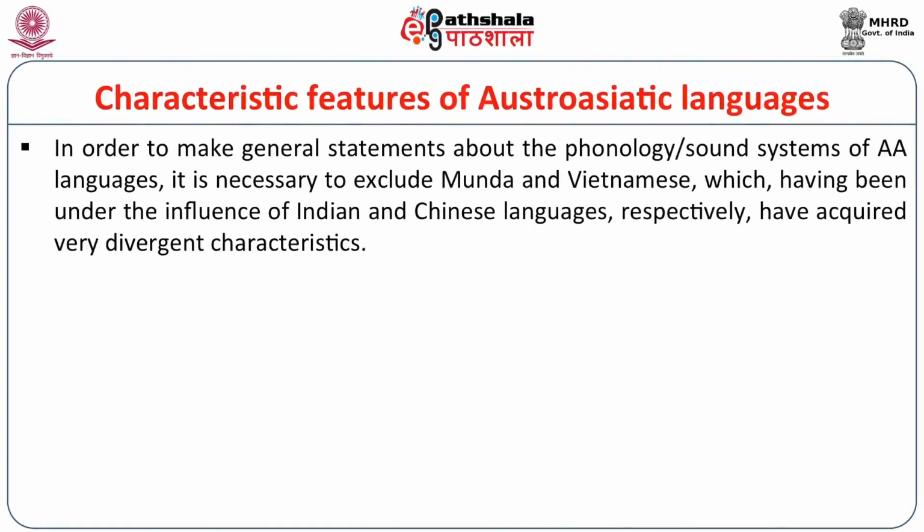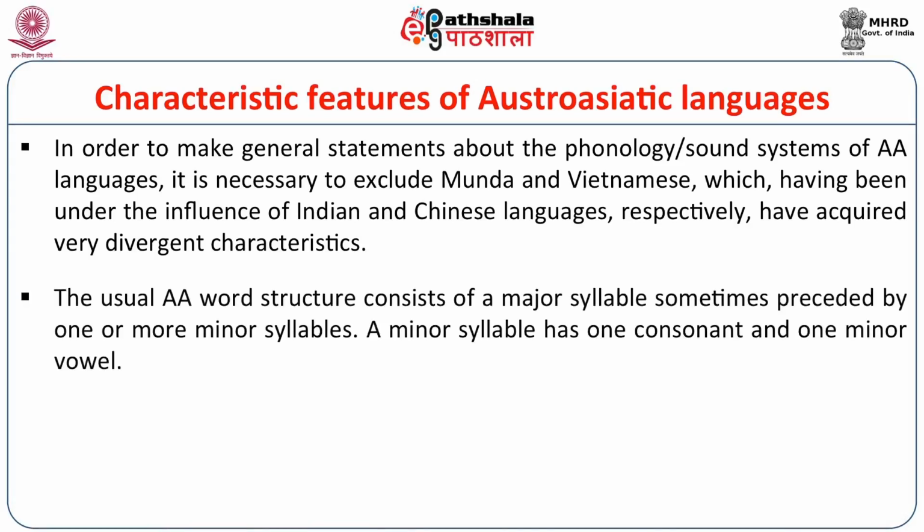In order to make general statements about the phonology of Austroasiatic languages, it is necessary to exclude Munda and Vietnamese, which, having been under the influence of Indian and Chinese languages respectively, have acquired very different characteristics. The usual Austroasiatic word structure consists of a major syllable, sometimes preceded by one or more minor syllables.